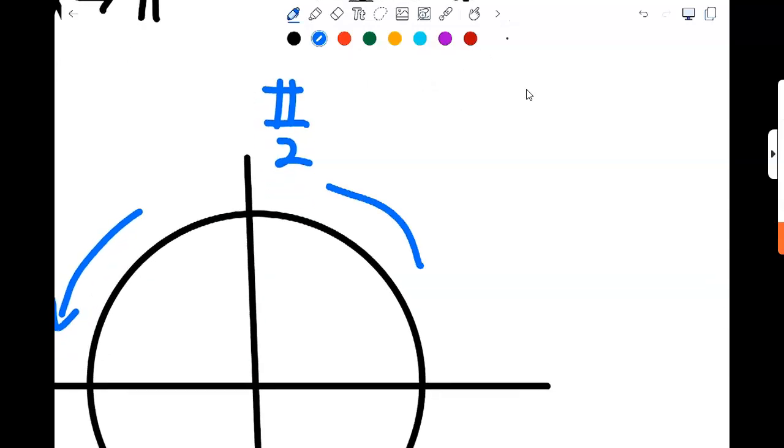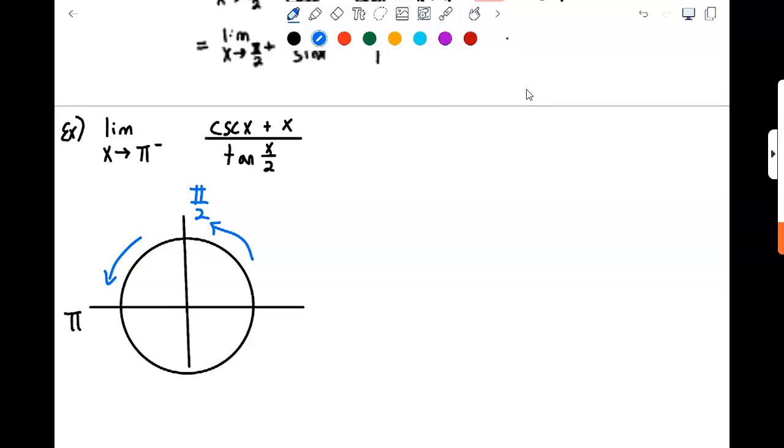So with tangent, we're actually approaching pi over 2. Tangent is sine over cosine. So what's going to be happening is cosine's approaching 0. We're positive in the first quadrant there. So cosine's approaching 0, sine's approaching 1, so it's approaching 1 over 0. So the bottom is also going to be infinity. So this is an infinity over infinity.